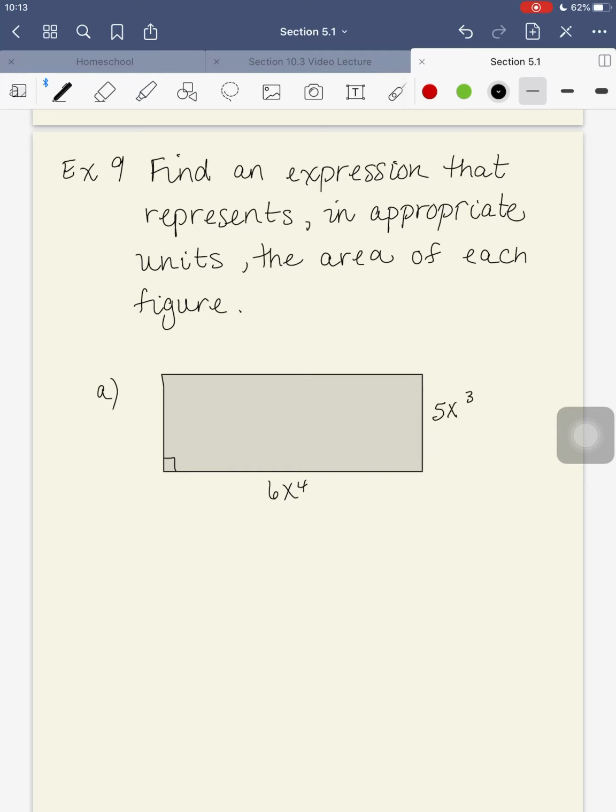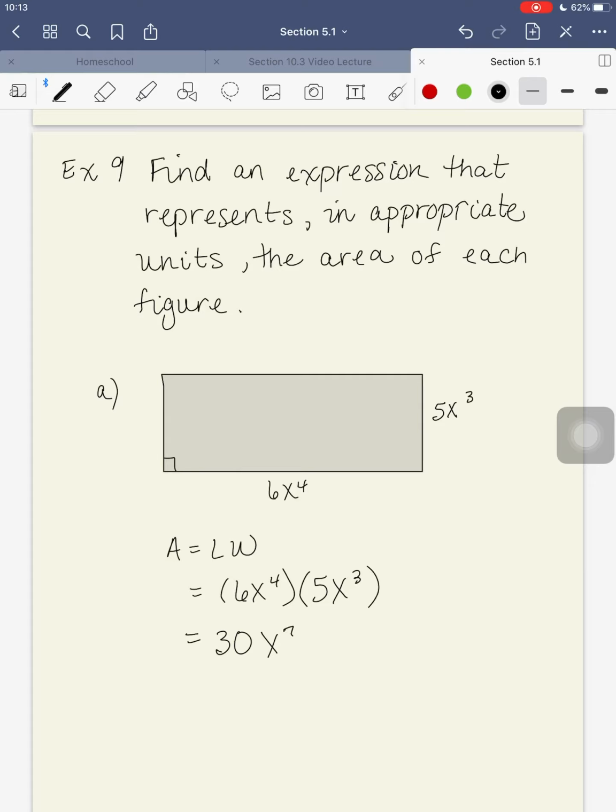And we want to find the area. So the area of a rectangle is length times width. So we will plug in the length, which is 6x to the 4th, and multiply that by the width, which is 5x cubed. And then multiply. You multiply your integers. 6 times 5 is 30, and then you're going to add your exponents. So that'll be 30x to the 7th.